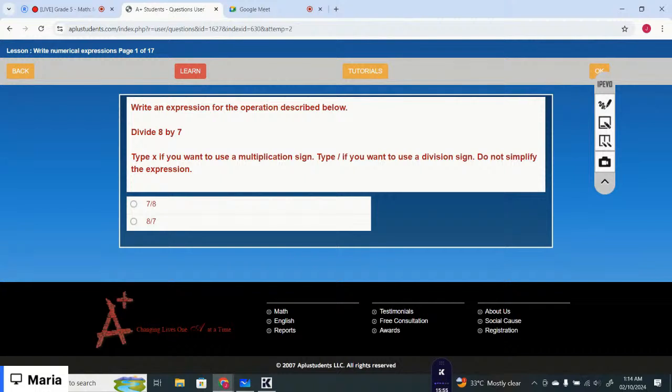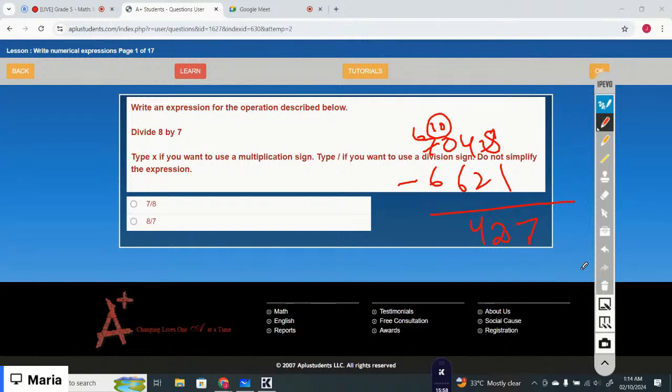You have to do 8 by 7, right? That means you need to divide 8 by 7. So you can write it like this. 8 divided by 7 it is, right? Option number 2 is the correct option.